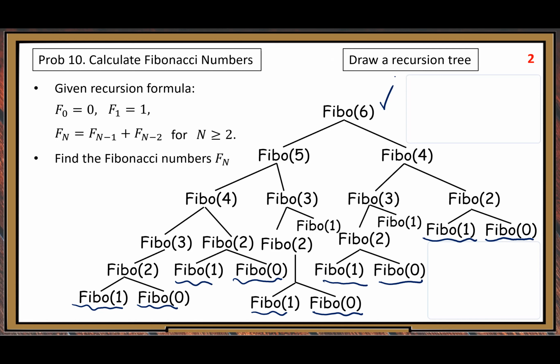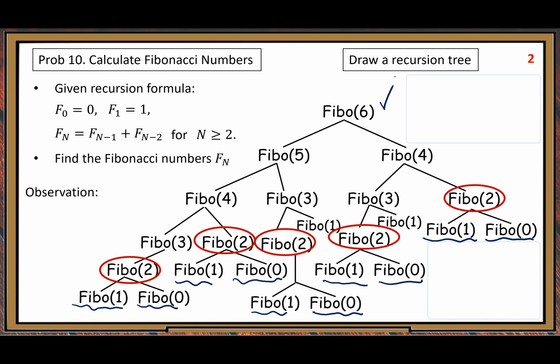What's wrong here in this recursion tree? Can you see something not quite right in this tree? Let me show you. Observation: look at Fibonacci of 2. How many times do we need to calculate Fibonacci of 2?